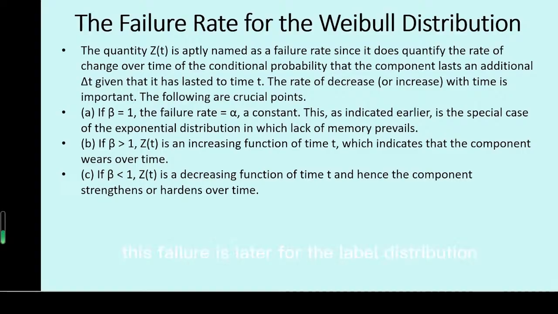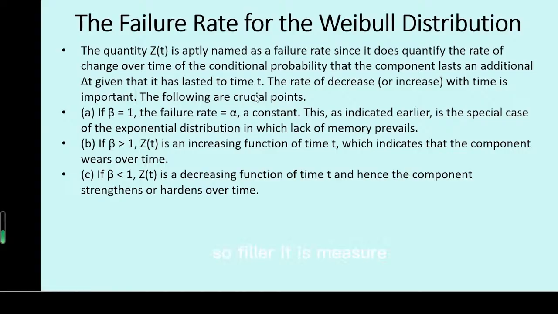This failure rate for the Weibull distribution is quite interesting, because the quantity Z(t) is named a failure rate since it quantifies the rate of change over time of the conditional probability that the component lasts an additional delta t, given that it has lasted to time t.